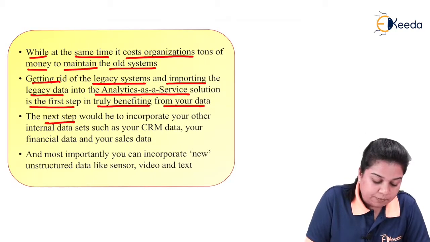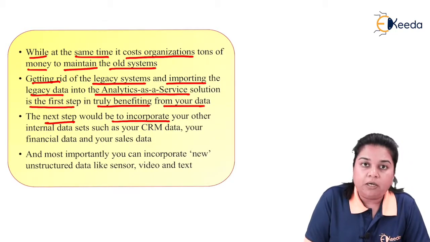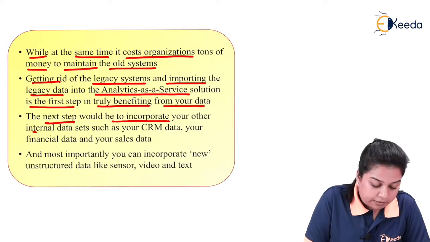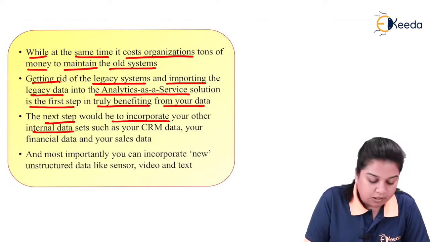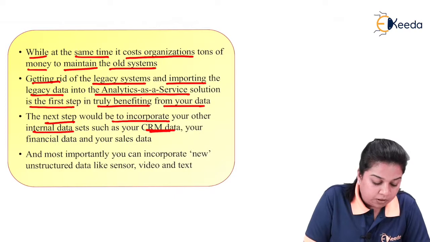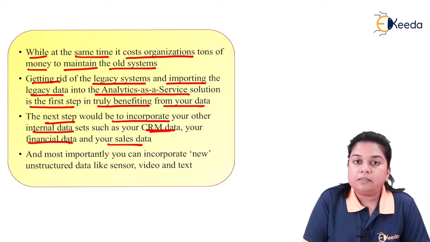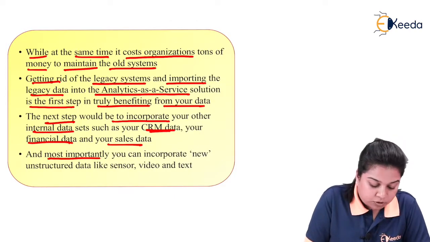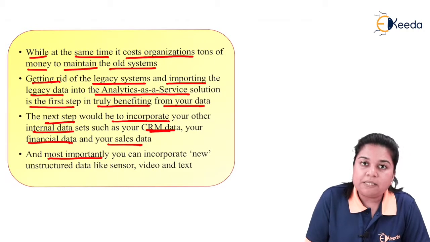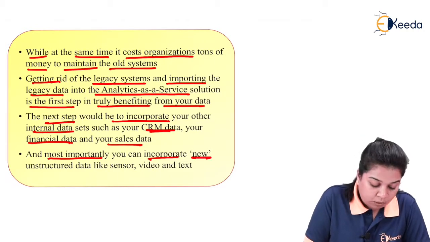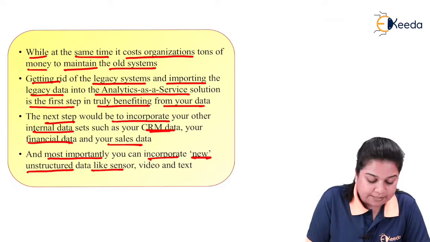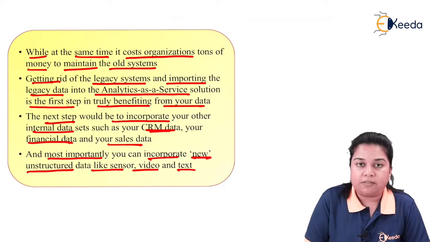The next step would be to incorporate the company's other internal data sets such as the company's CRM data, the financial data and the sales data. And most importantly, here the companies can incorporate new unstructured data like sensor, video and text.